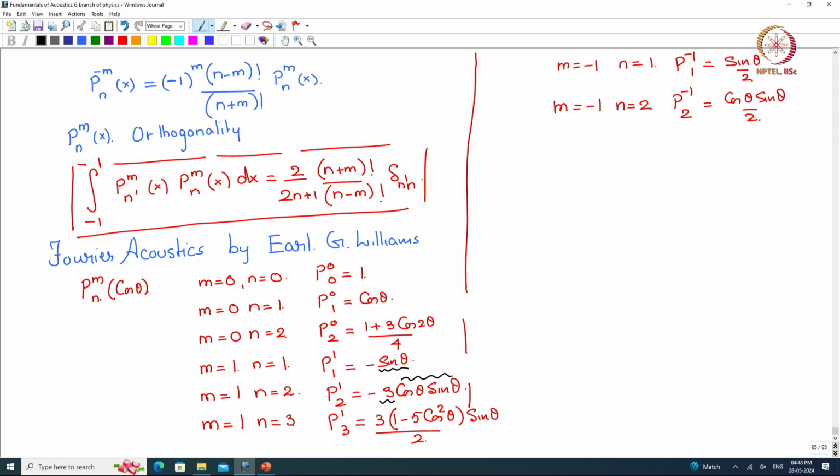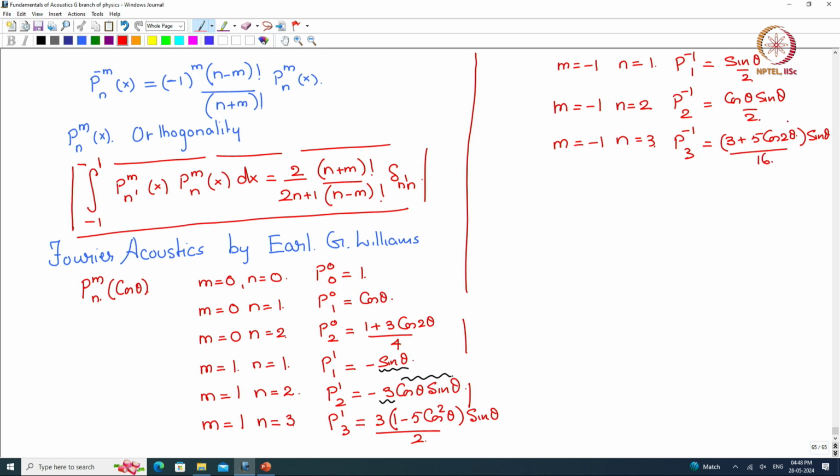So let's look at the last one. If m is equal to minus 1 and n equal to 3, then I have P of minus 1 3 given by 3 plus 5 cos 2 theta, and cos 2 theta is in terms of cos square theta, into sine theta, divided by 16.